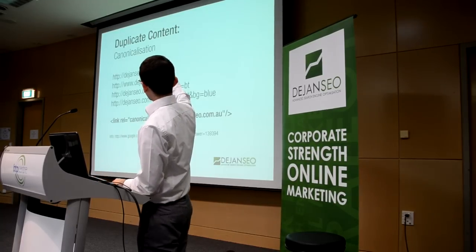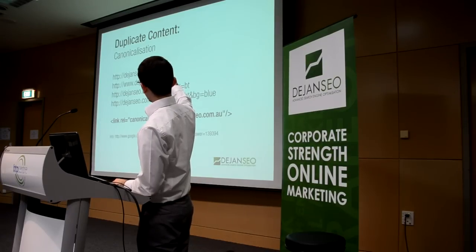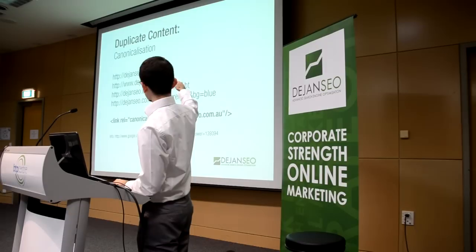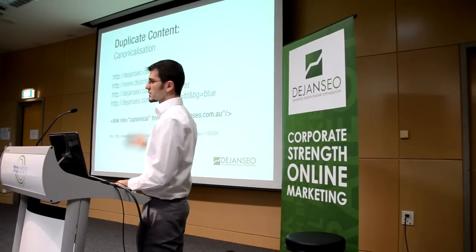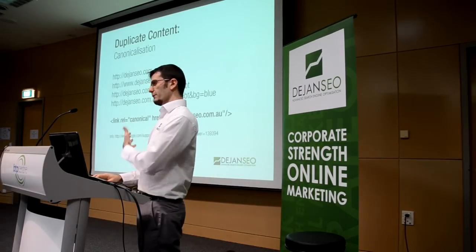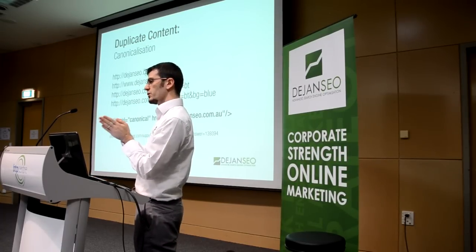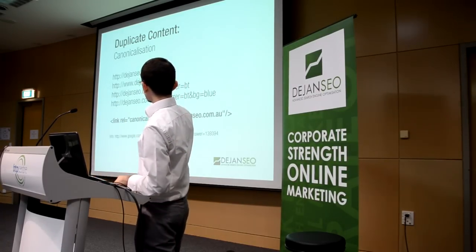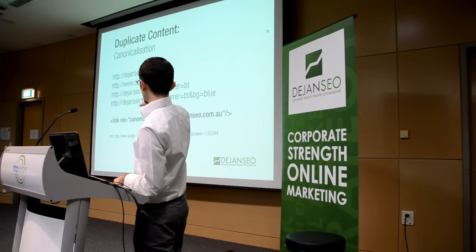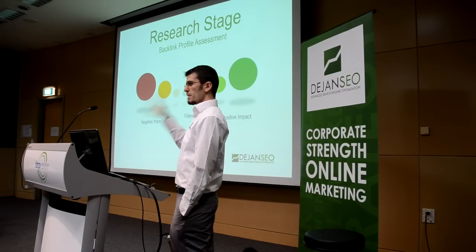If you've got one website version, and that's our homepage, you can also reach it through that, and you can reach it through any number of URLs. Google doesn't want to see this. And also links that point to these different URLs should be consolidated towards one unit. You achieve this by implementing a link rel equals canonical.